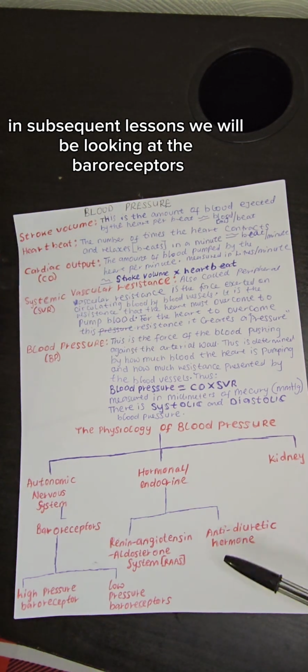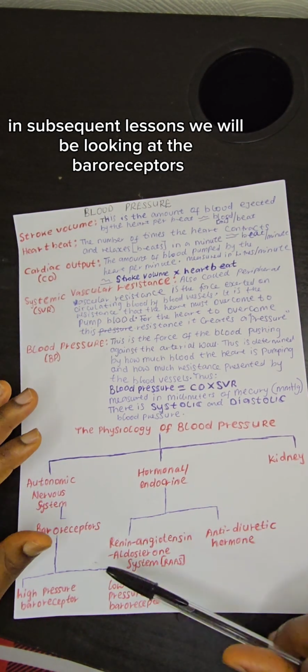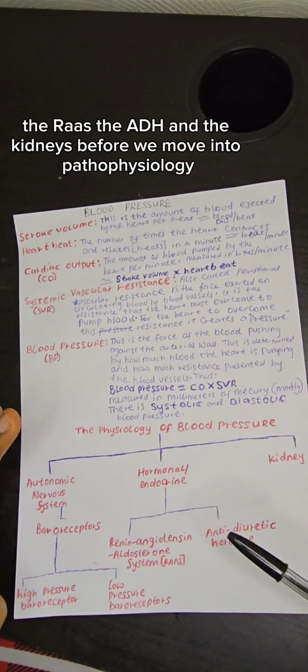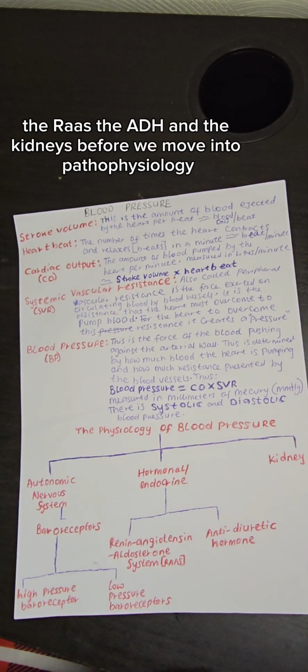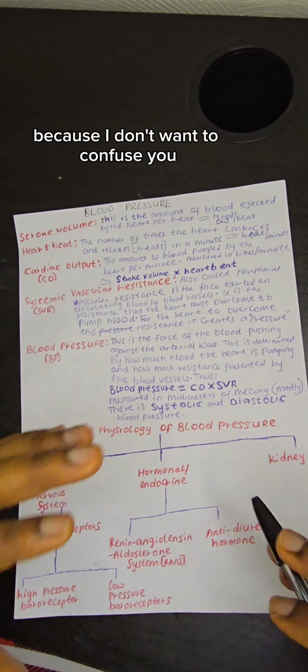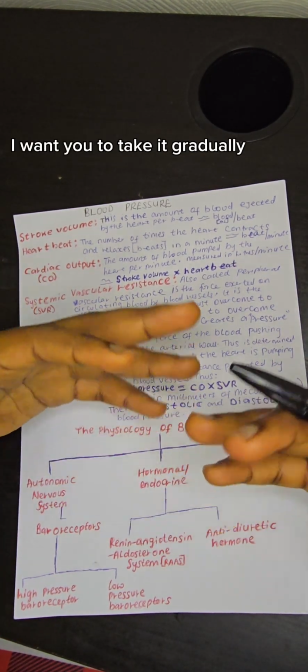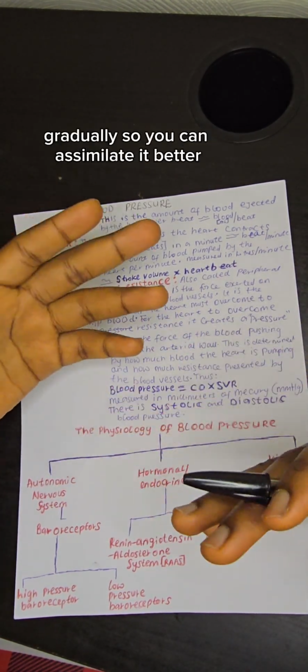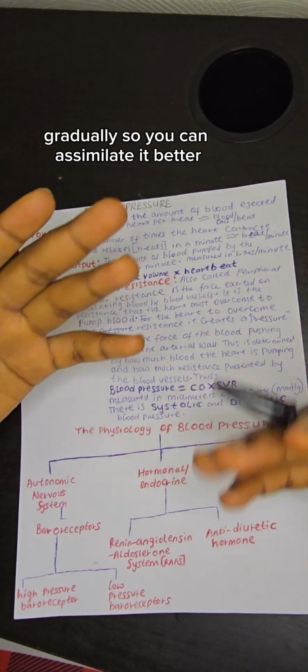In subsequent lessons, we will be looking at the baroreceptors, the RAS, the ADH, and the kidneys before we move into pathophysiology. I haven't crammed them all into this class because I don't want to confuse you. I want you to take it gradually, so you can assimilate it better.